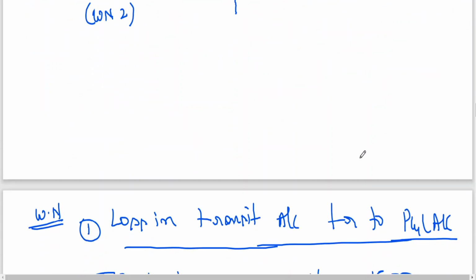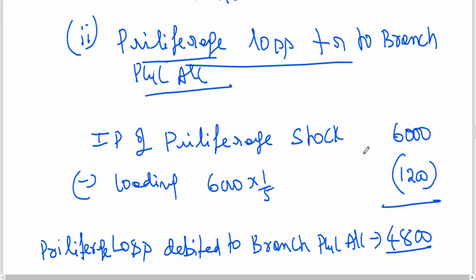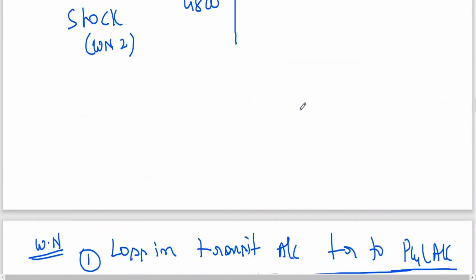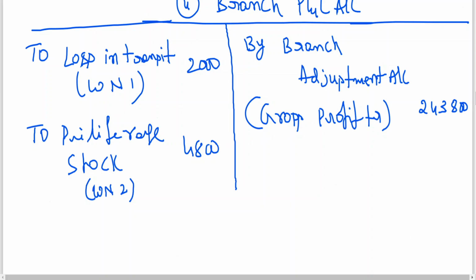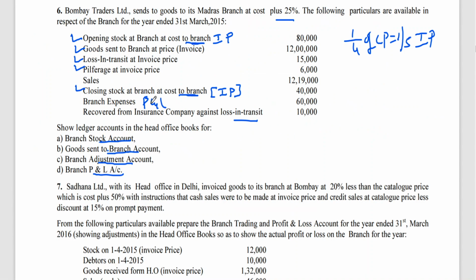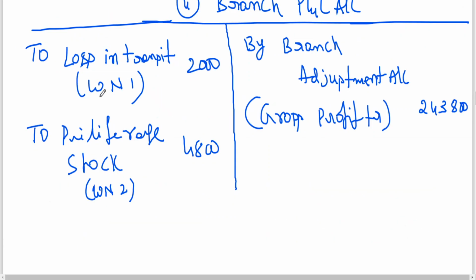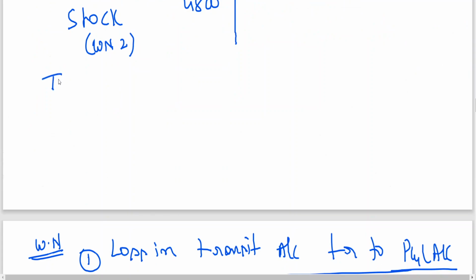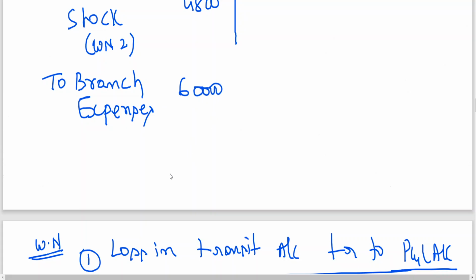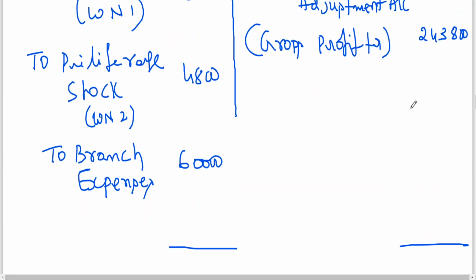You can see that, 2,000 and 4,800. Then we are also having some branch expenses, 60,000. So branch expenses is 60,000.